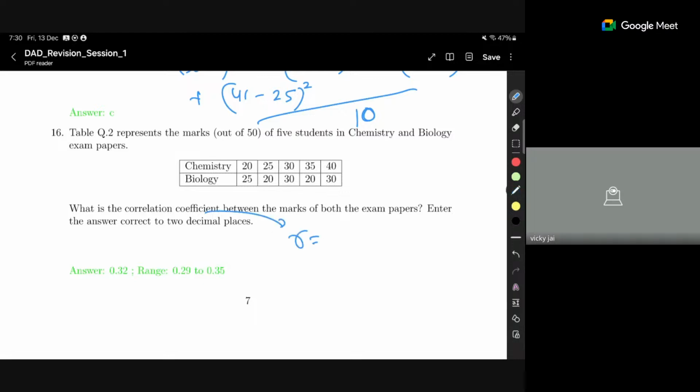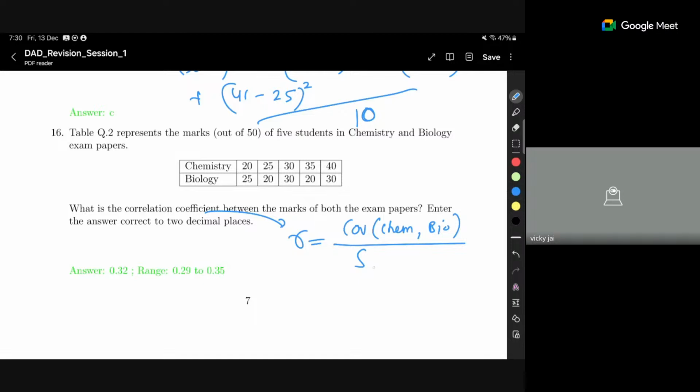So the correlation coefficient is represented by R, which is the covariance of two entities, here chemistry and biology, divided by what? Standard deviation. You can take either sigma or S. Sigma is the population standard deviation, or S the sample standard deviation.